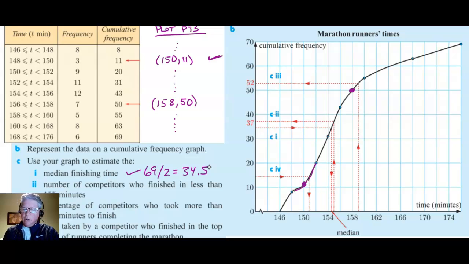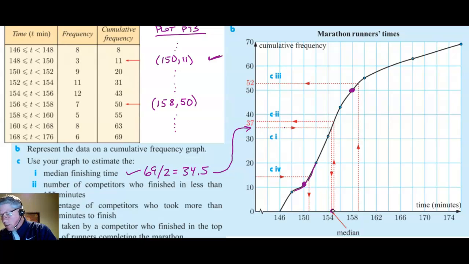All right, so we have to go find this on the graph. And there it is. There's 34.5. So what we do is we go along, and I like these arrows. They go along until you hit the graph, and then you come down on the graph, and right there is what you expect to be the median time.